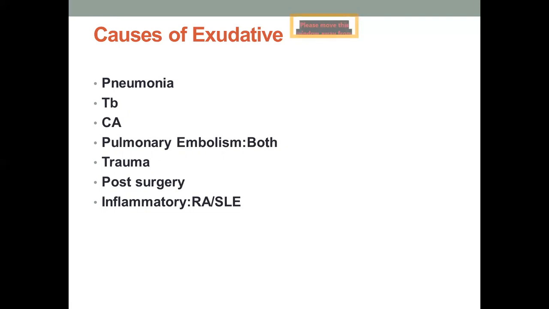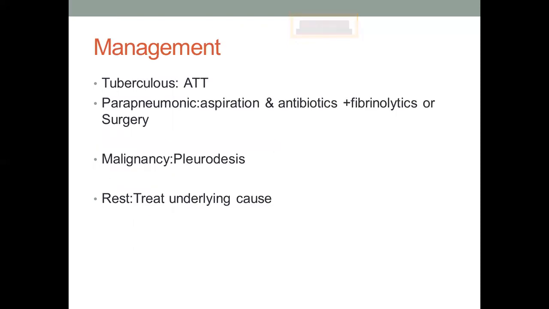And trauma, because in trauma there will be hemothorax, blood. So that is exudative pleural effusion. And post surgery, there will be exudative pleural effusion, and also inflammatory and connective tissue diseases like RA, rheumatoid arthritis, and SLE.